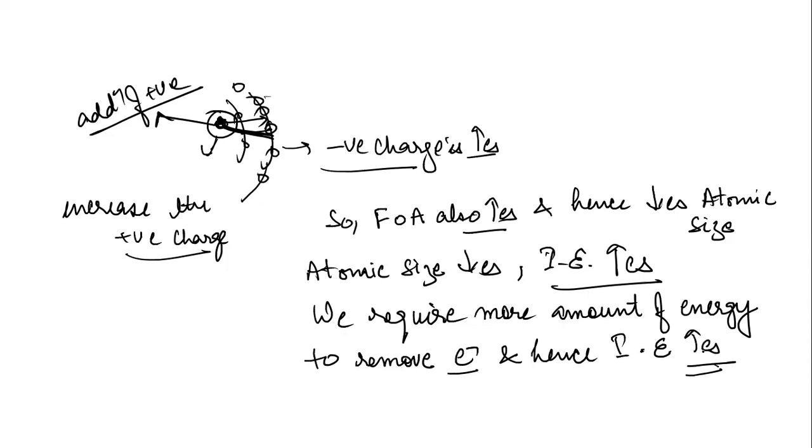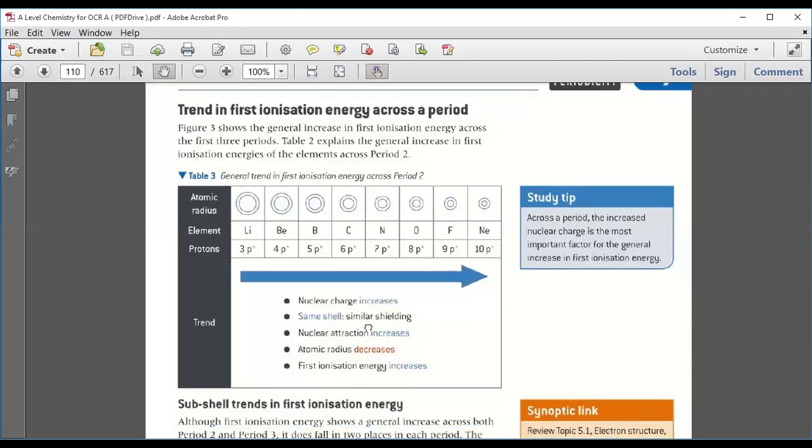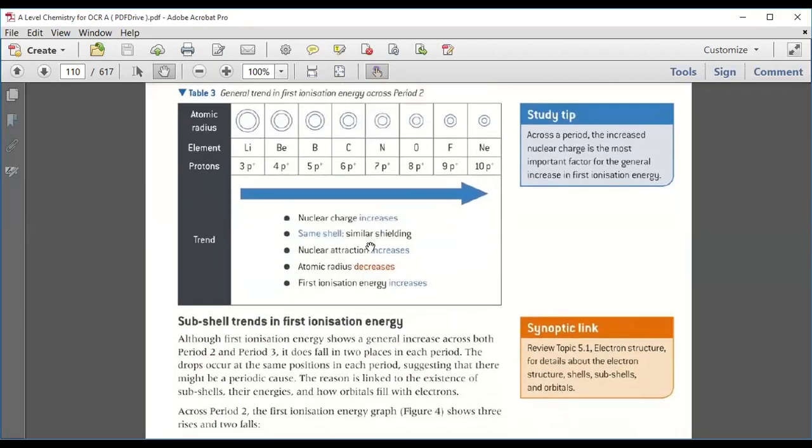Here, got it? Any doubt? No. Okay, so that is what is covered in this one.